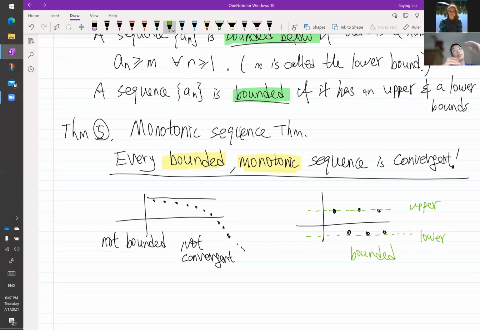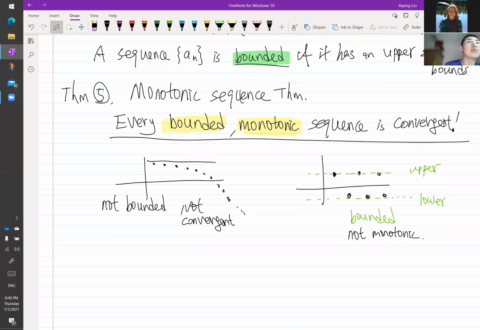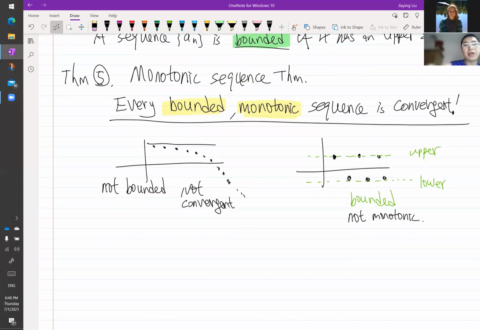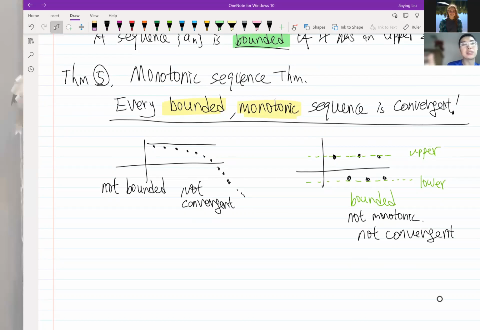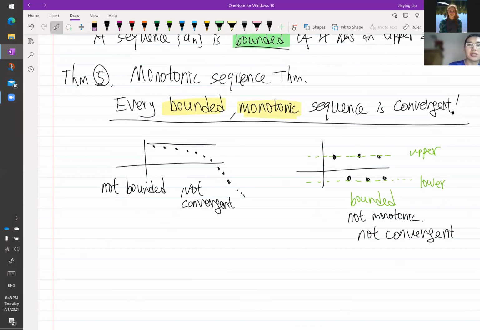But because of the alternating signs, going from one element to another, it's sort of decreasing, increasing, decreasing, increasing. If you look at the values, it's not monotonic. So this sequence is not convergent. You have to have both parts satisfied for it to be convergent.